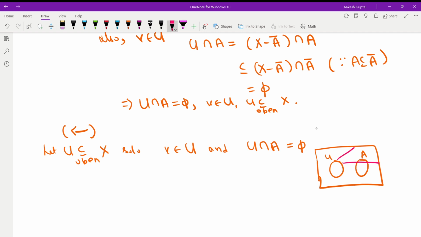This area is X minus U. So what we observe here is, note that A is sitting inside X minus U. Is it clear?